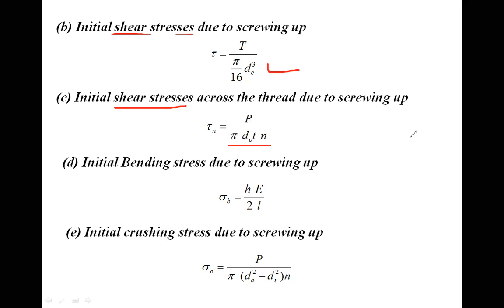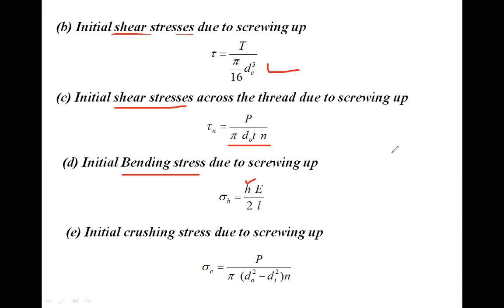Now if the screw has a large height, then there is a possibility of a bending stress. In that bending stress, this height H is important. Height means how much gap there is between your screw and the bolt.